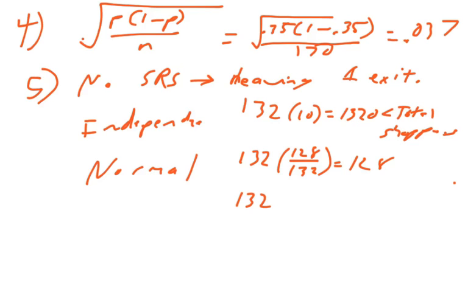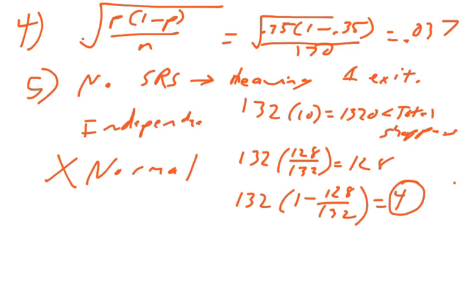And we do 132 times 1 minus 128 over 132, which is 4. And because this number is less than 10, this also doesn't occur. So in this one we have normality and we have SRS both failing to be conditions that are met.